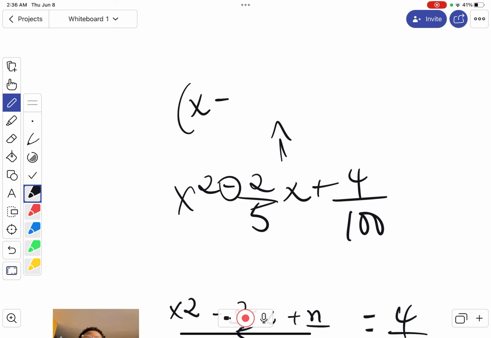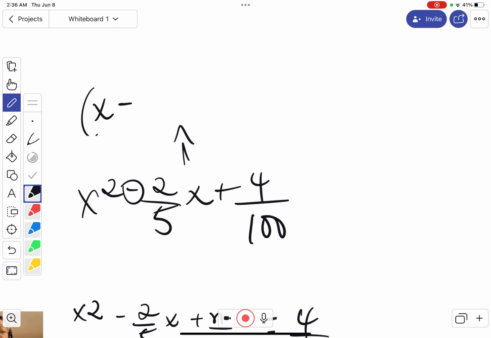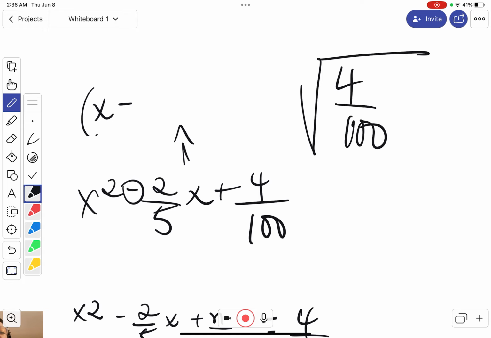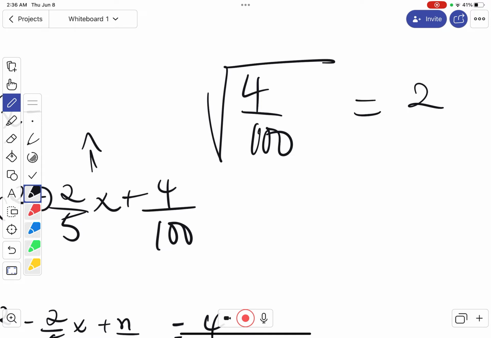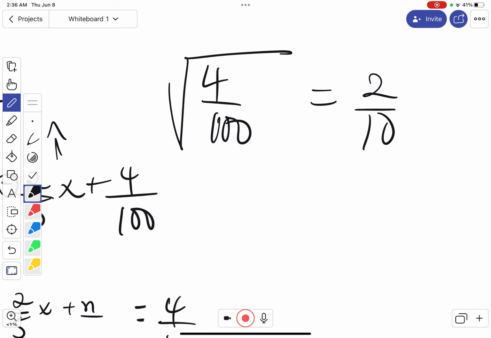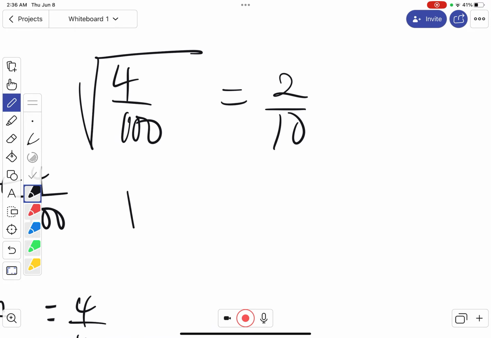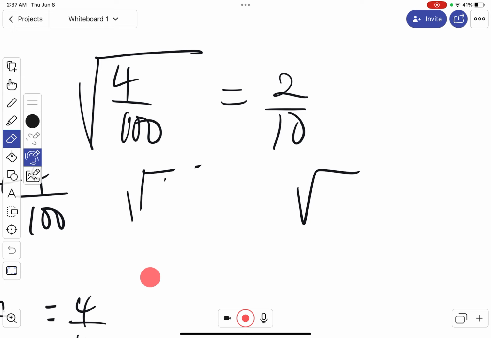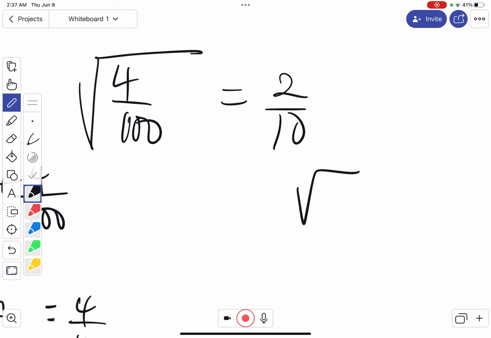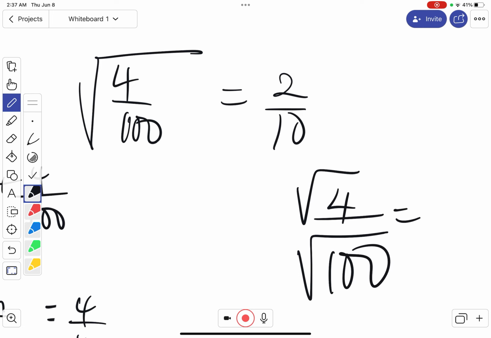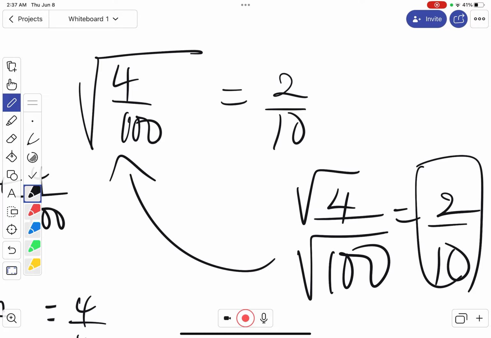To get the square root of 4/100, you can either do the square root of 4/100, which will give you 2/10, or you do the square root of 4 over the square root of 100, which is equal to 2/10. So those are the same things.